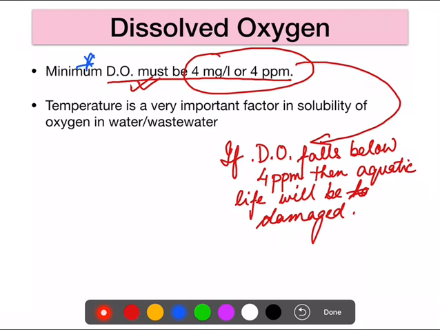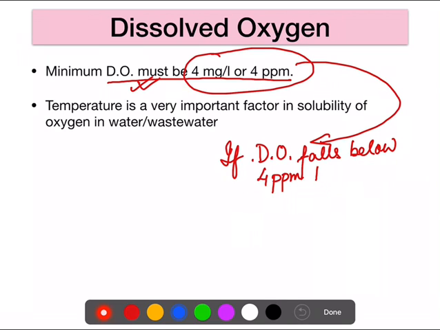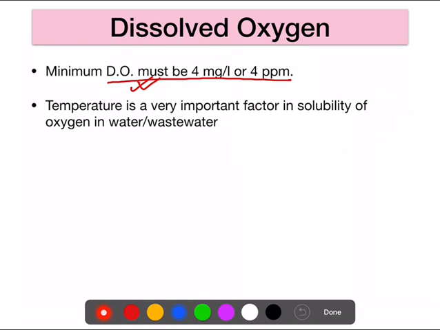Next, temperature is a very important factor in the solubility of oxygen in wastewater or water. There are three main factors which are the most important parameters for the solubility of oxygen in water.